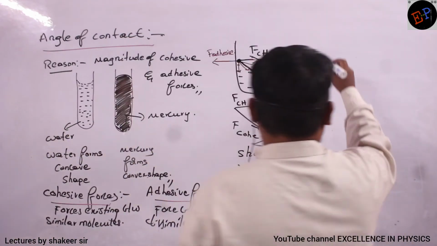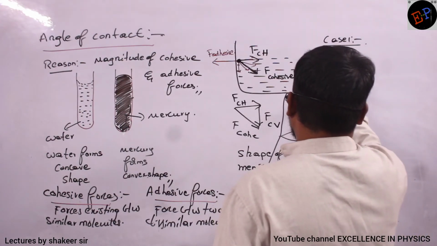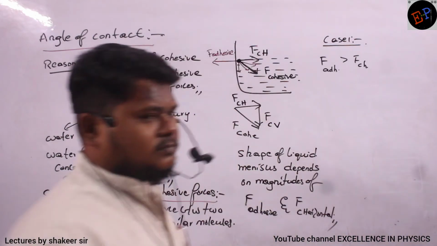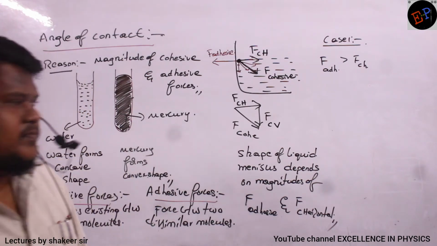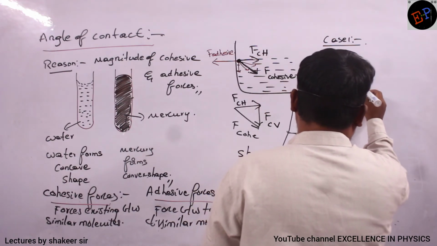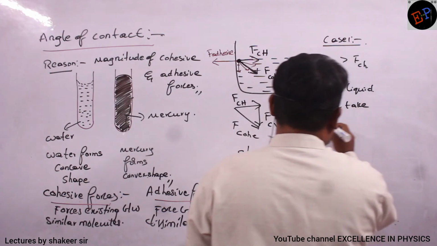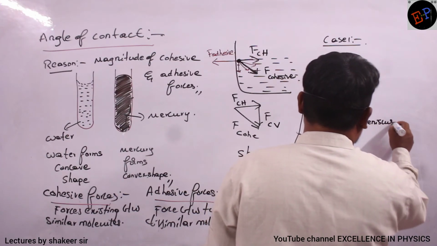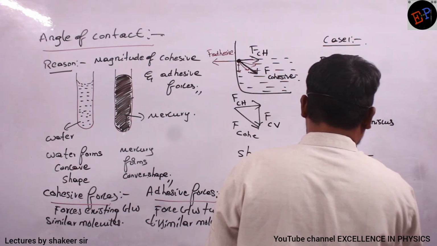Now let us write case number 1. F adhesive is greater than F cohesive horizontal. When adhesive forces are greater than cohesive horizontal forces, the liquid will take a concave meniscus. The shape of the liquid will be like this.